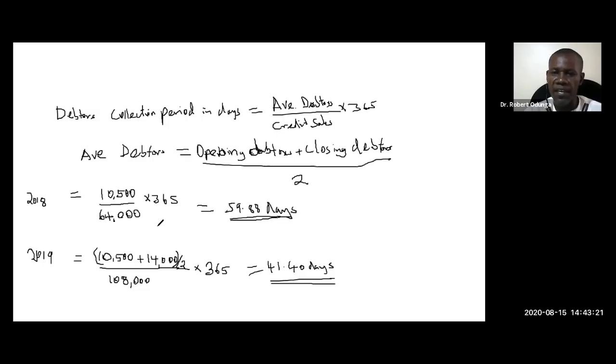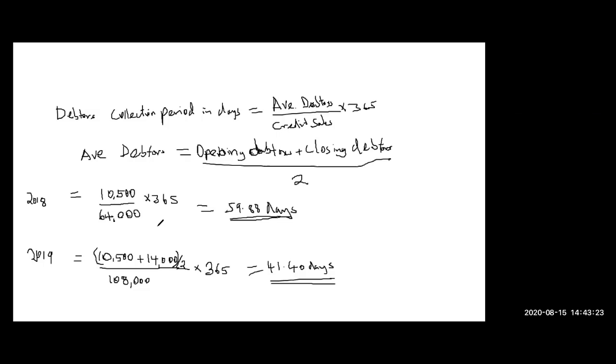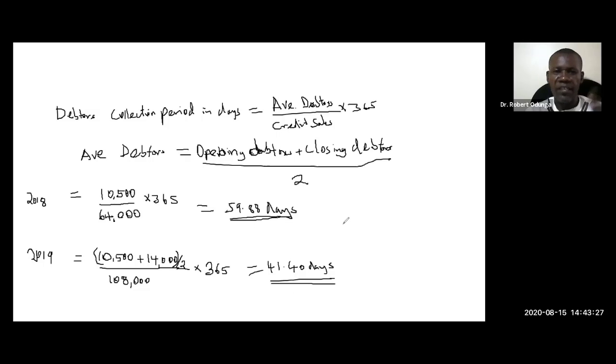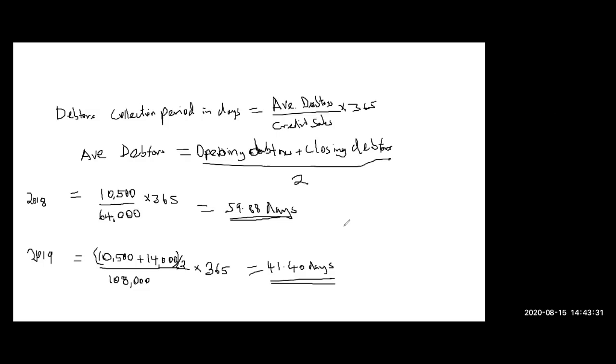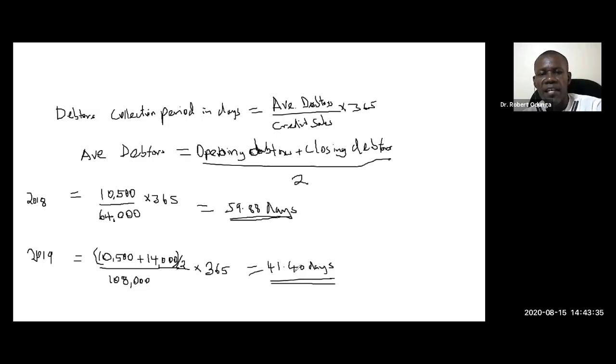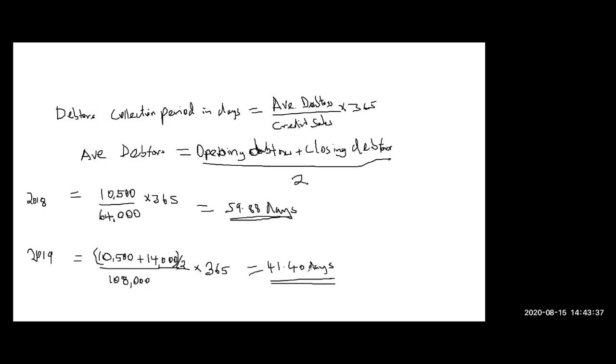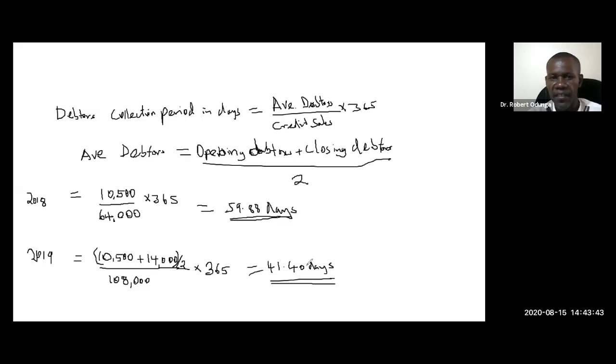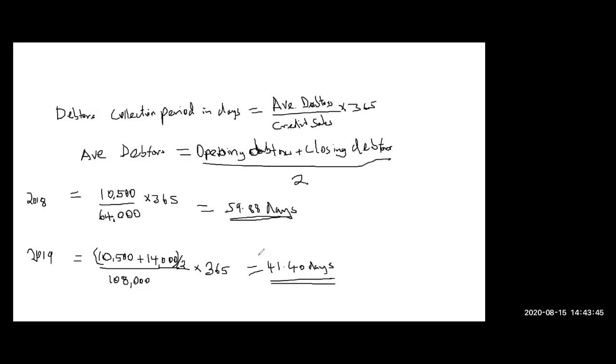Identify the right figures, put them together, and find the days expected so that you can compare at the end of the day and make a decision accordingly. So if you have such a scenario, it means it's an improvement in terms of debt collection. Any question or clarification on that? No.